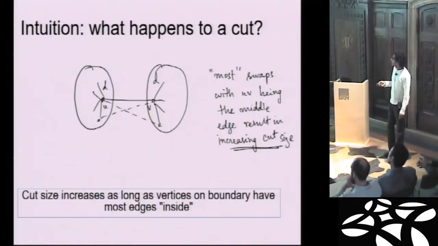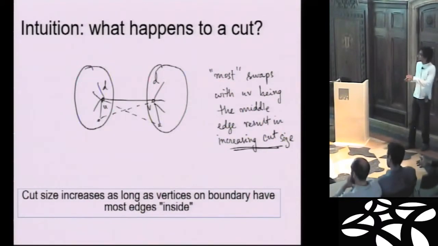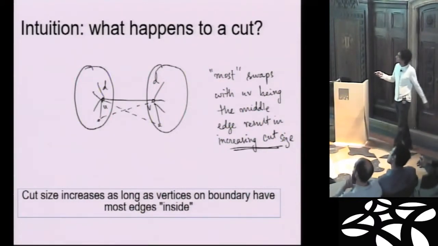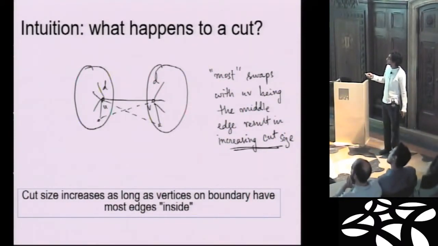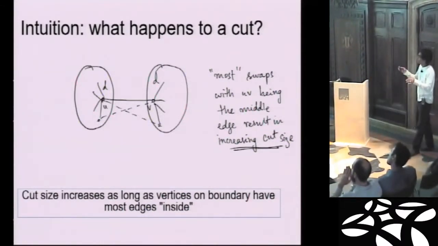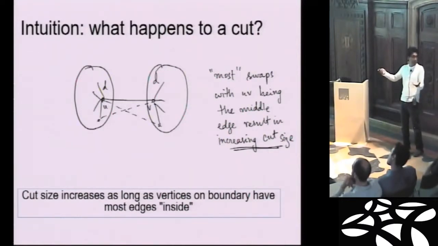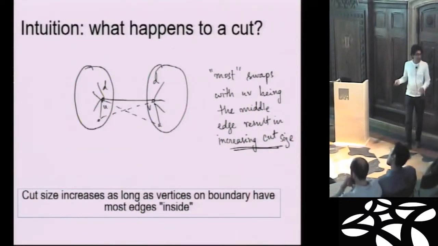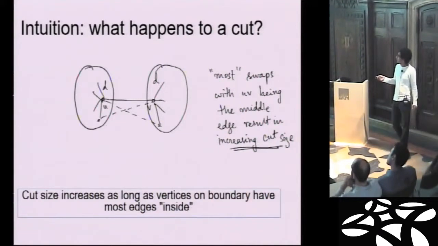Okay. And so this kind of phenomenon, you expect it to happen as long as vertices on the boundary of a cut have most of their edges actually going inside the cut. Okay. So if the cut is sparse, you expect it to improve. Okay. So this is the intuition for why you expect this kind of procedure to work.